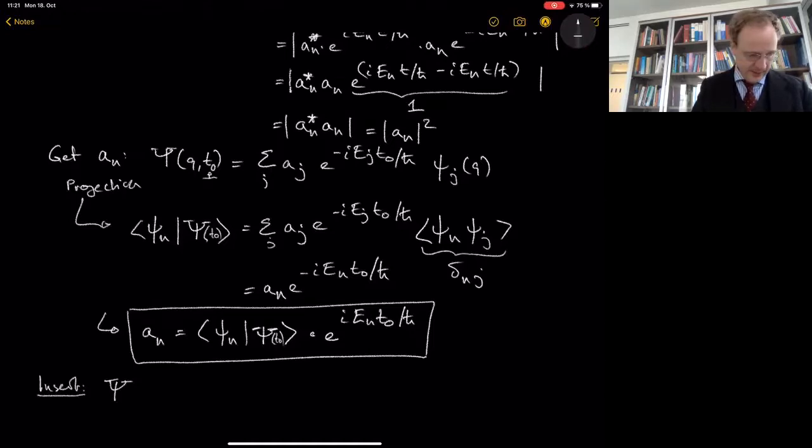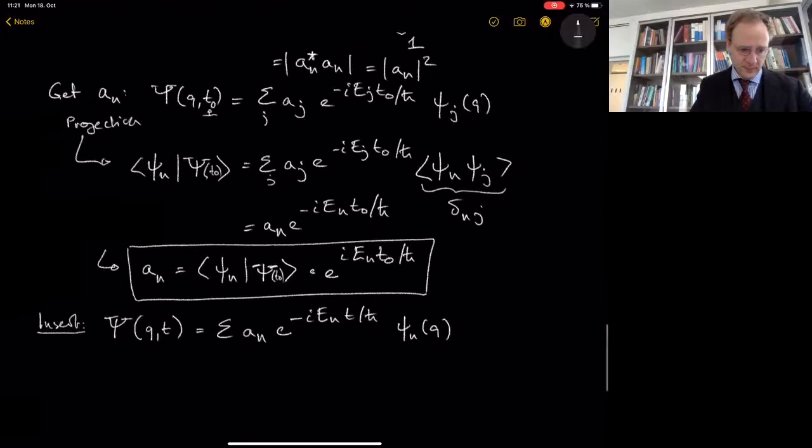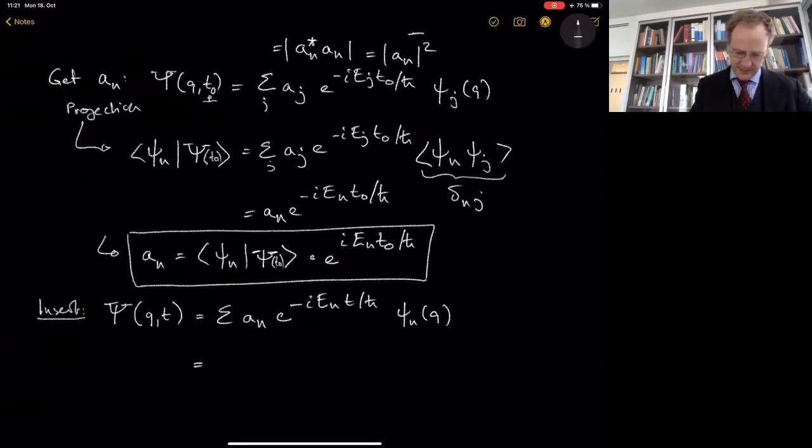So we now change back to q, t, right? And that means we have this a_n e to the minus i e_n t over h bar psi_n(q). And now we insert for our a_n, and now we have the t0-dependent expression.